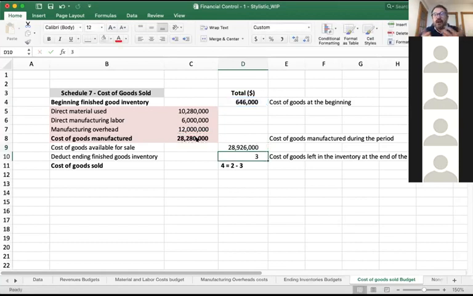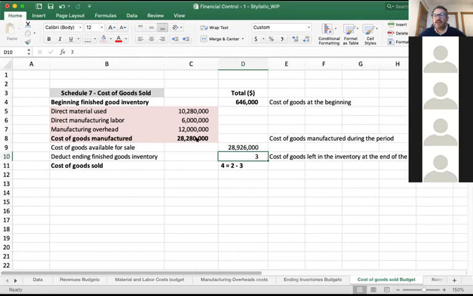So the total value of what we have available in our company in 2021 is 28,926,000.